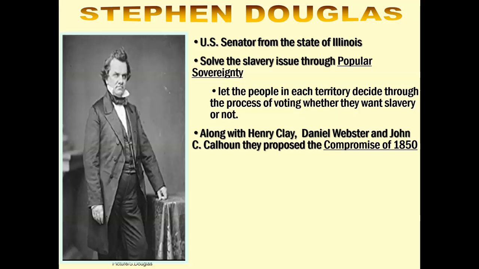He is a proponent of popular sovereignty and is a big cog, if you will, in the Compromise of 1850 debates. Douglas is considering a run for president, and he will very soon enter the presidential arena. Trust me.